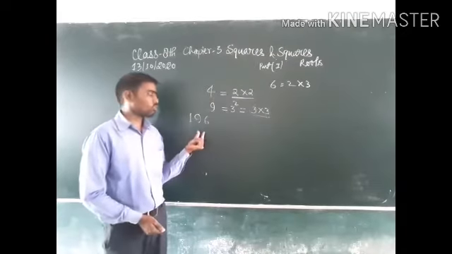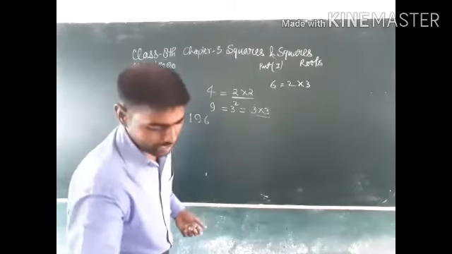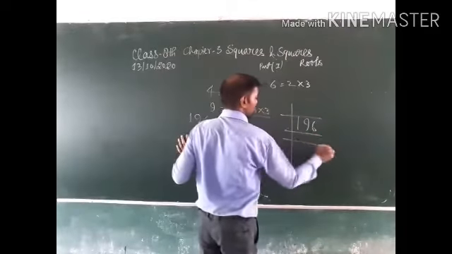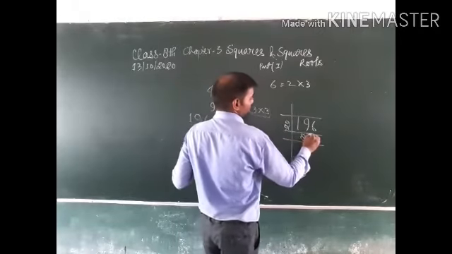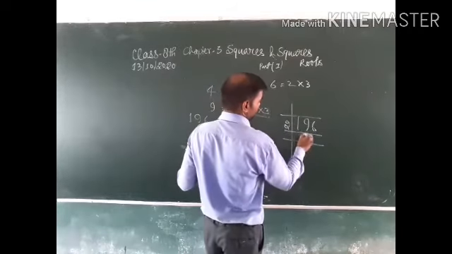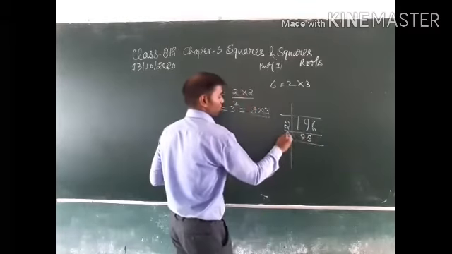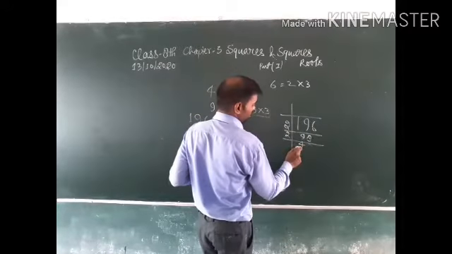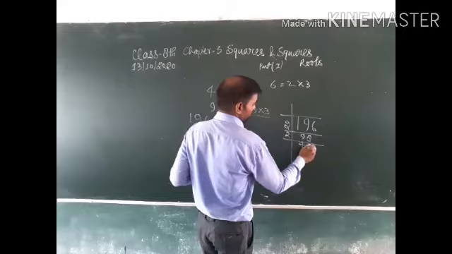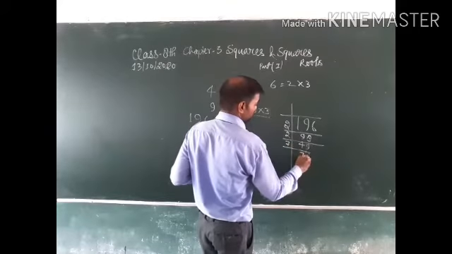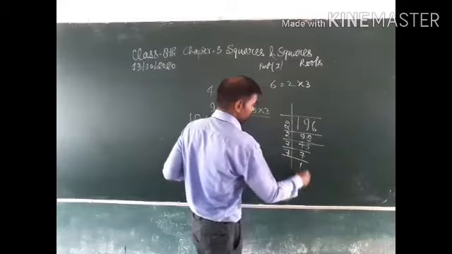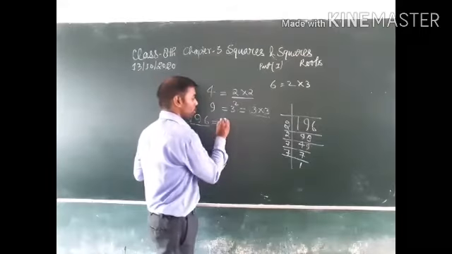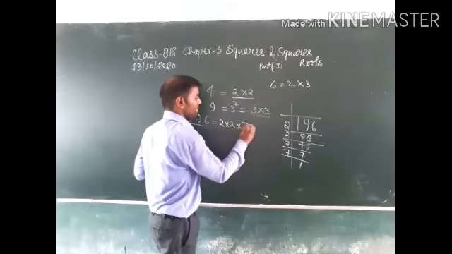First of all, factorize 196. 196 can be written in the form of 2 into 2 into 7 into 7.